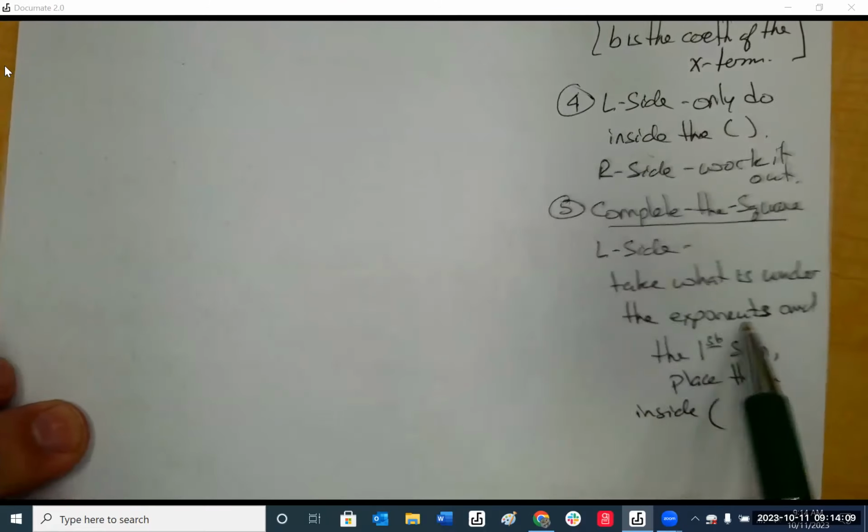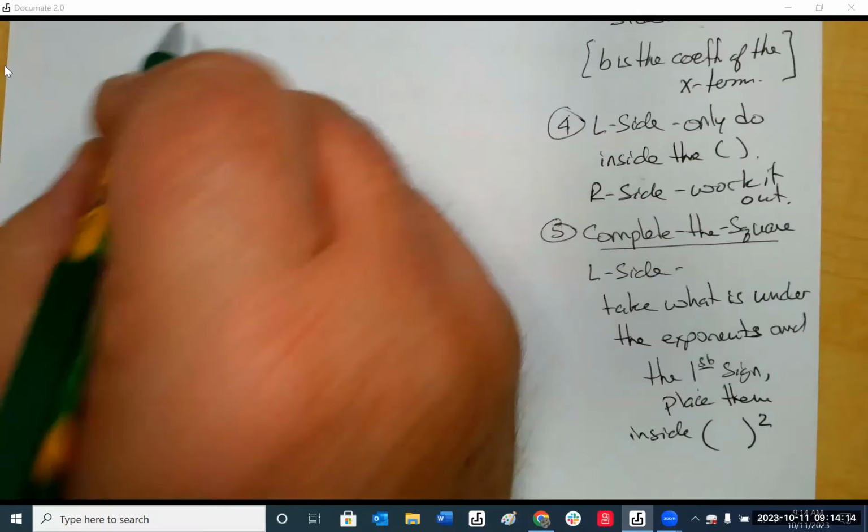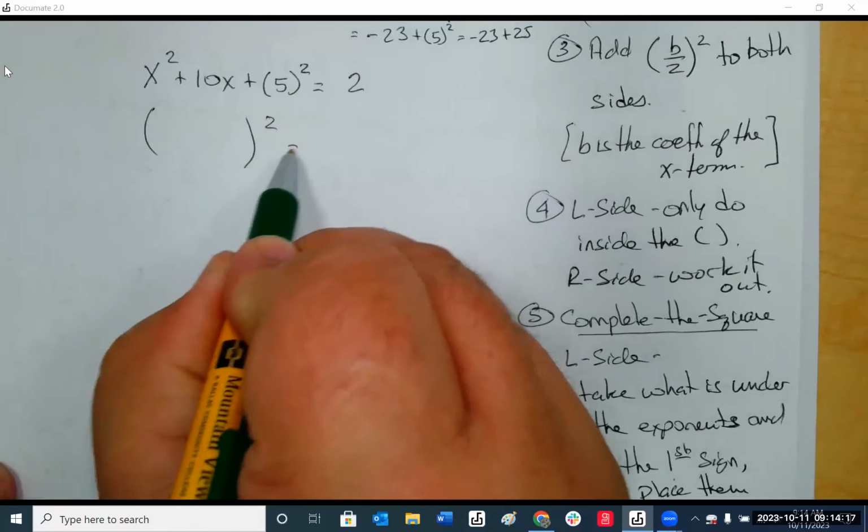So take whatever's under the exponents and the first sign and put them inside here. So what this is saying, this number, and this sign.